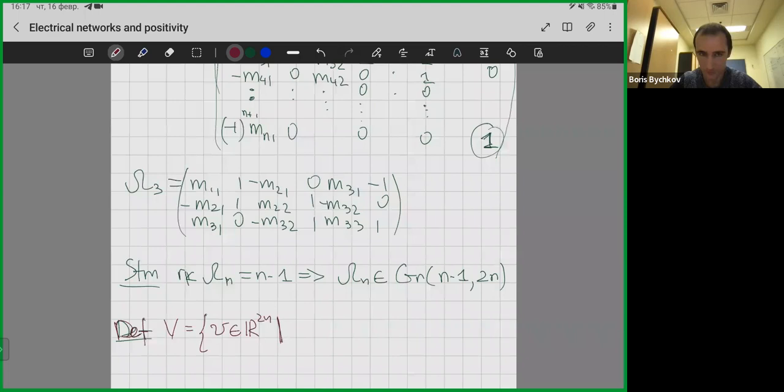Coordinates of this vector v: the sum of minus 1 to the power i v_i is equal to 0. So we define such a 2n minus 2-dimensional subspace.